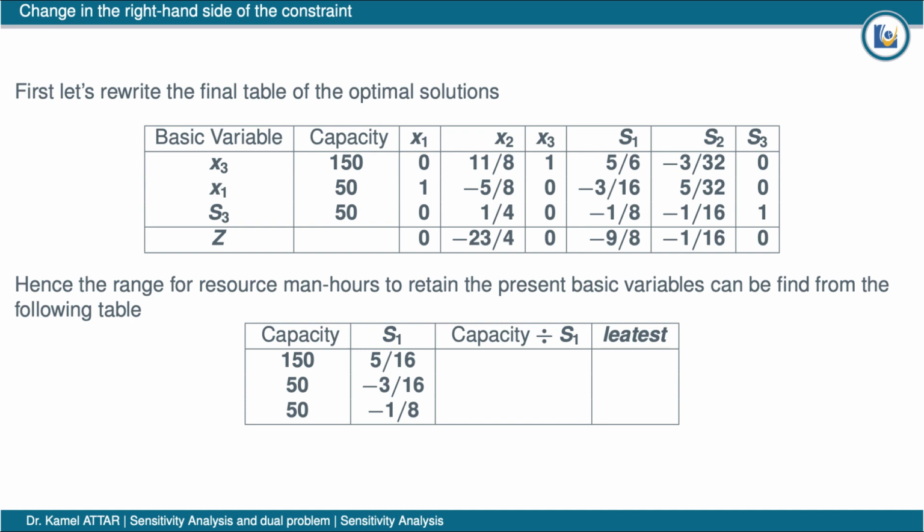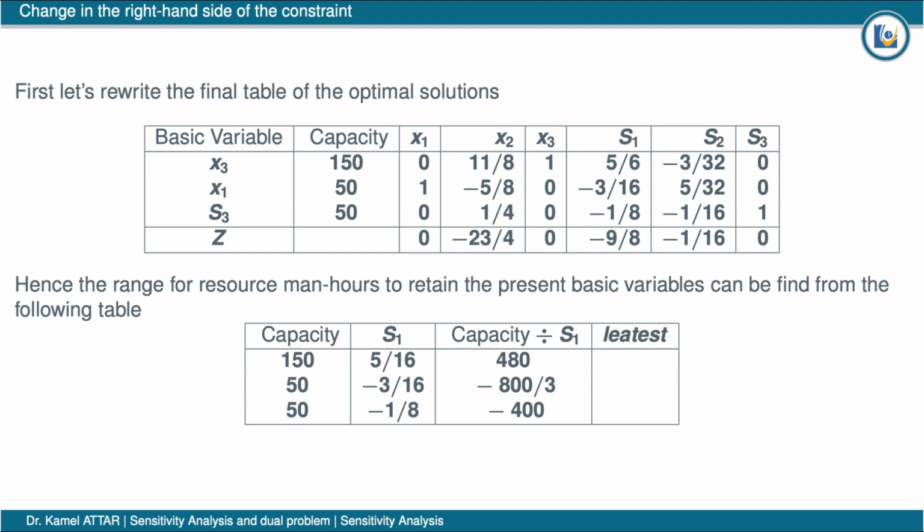This table contains in its first column the capacity obtained above, and in its second column the coefficients of slack S1. The third column is to calculate the ratio capacity over slack S1. So, the first ratio is equal to positive 480, the second ratio is equal to negative 800 over 3, and the third ratio is equal to negative 400.